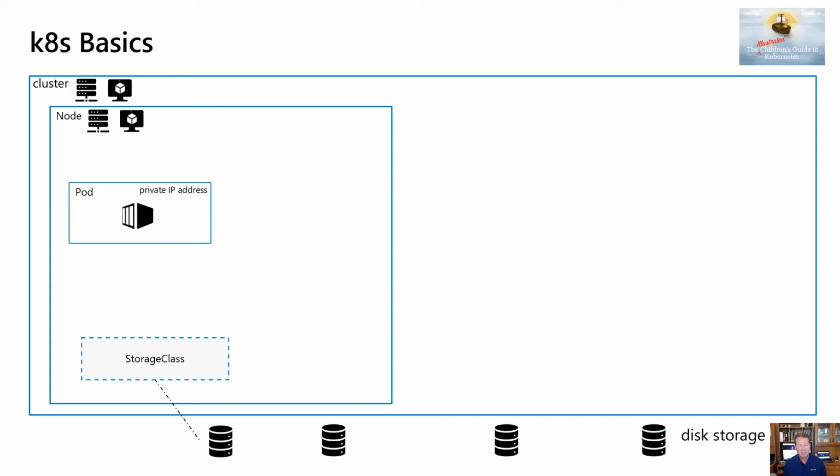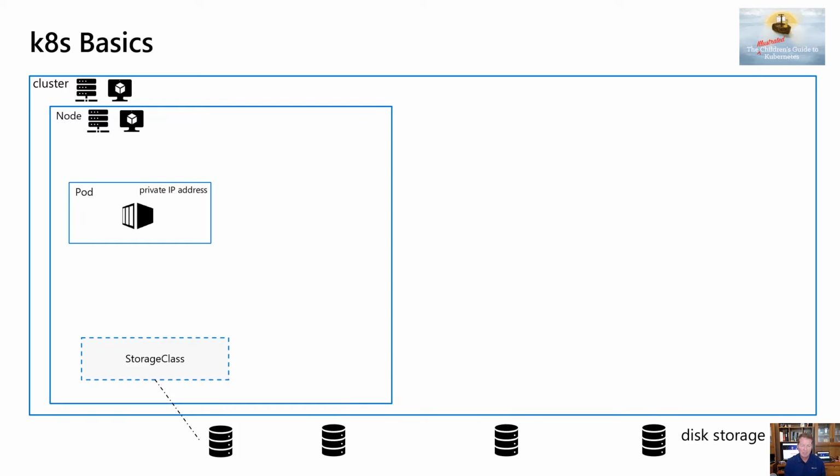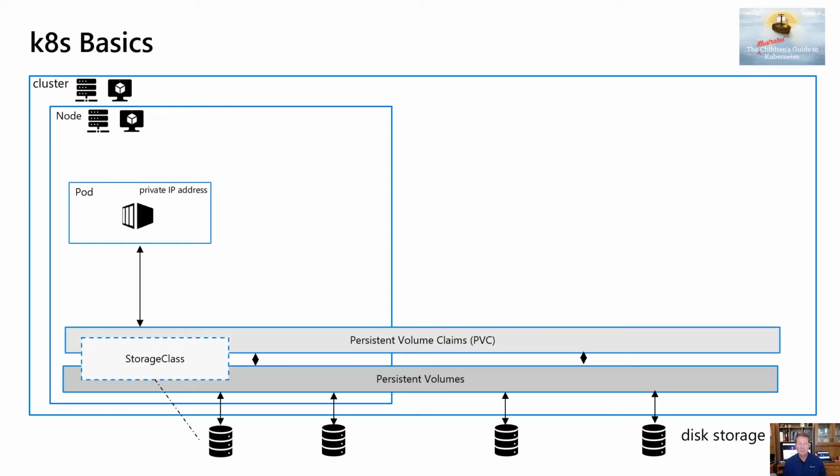And there's a concept called a storage class, which directly correlates to storage like disks available in the system, like disk types. Now, on top of these disk types is something called a persistent volume. It's a logical concept to give you the disk space that you need. And in fact, on top of that could be a persistent volume claim. This is typically what I use with SQL Server.